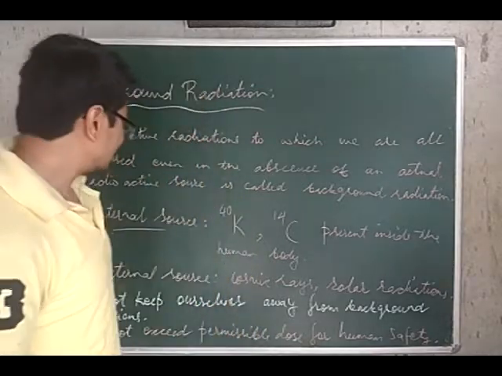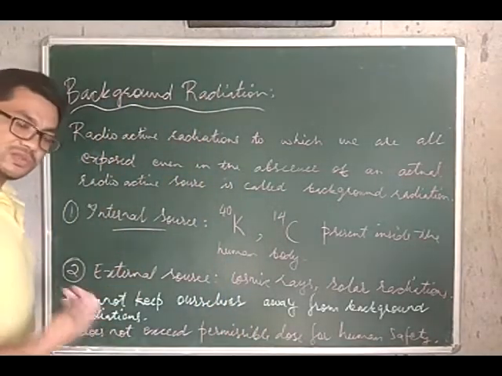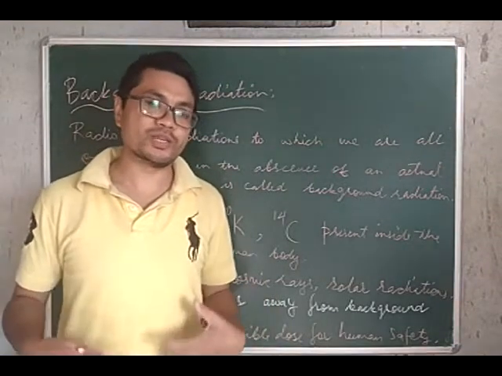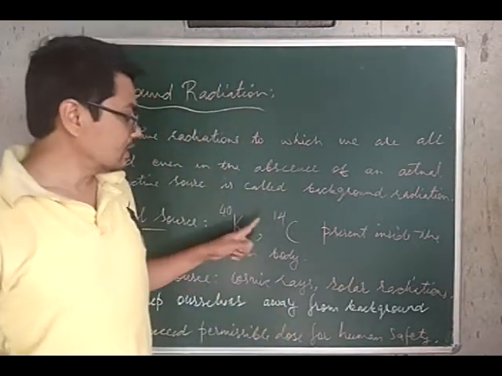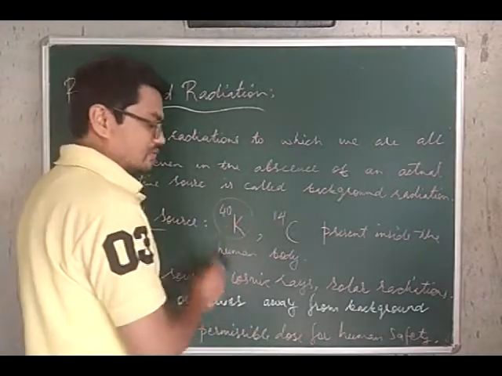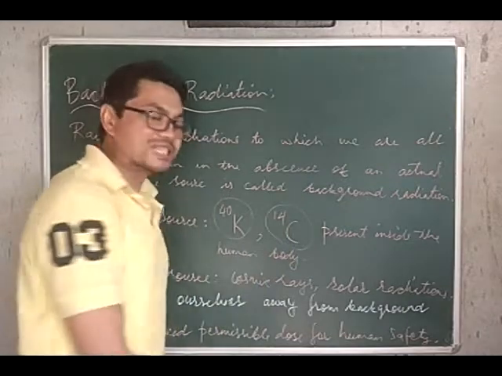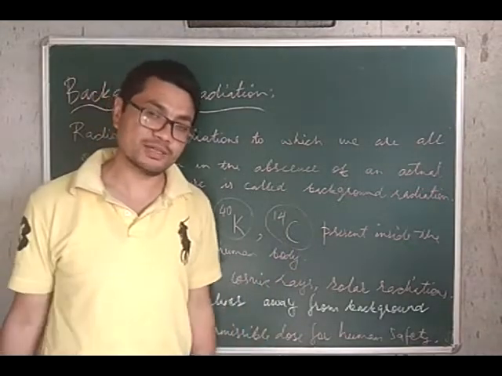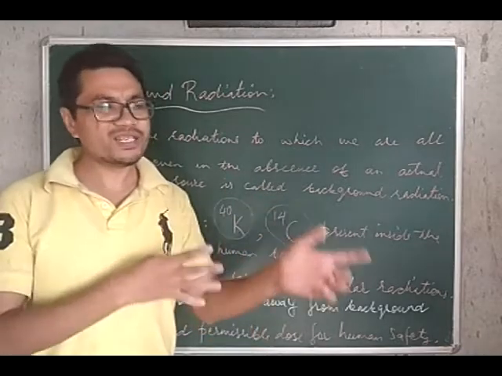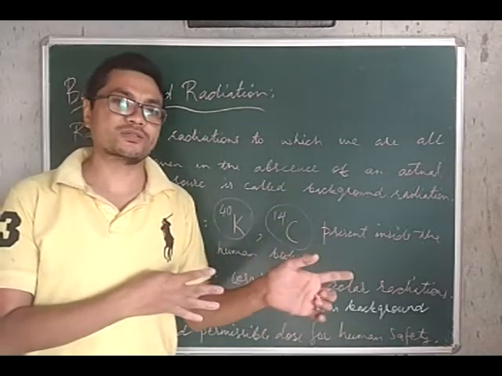Now, the sources of background radiations are internal sources and external sources. In some vital organs inside our body, you have radioactive substances like potassium-40 and carbon-14 present inside the human body itself. All the while, these will be emitting a very small amount of radioactive emissions.